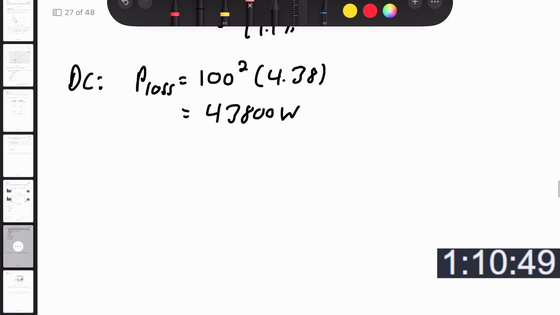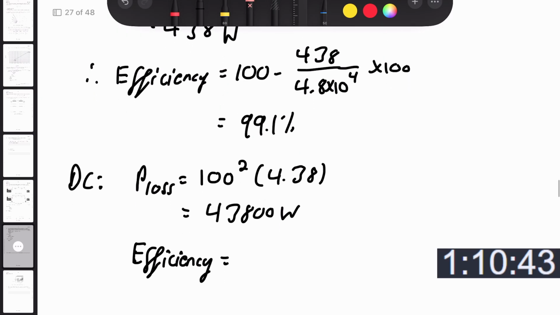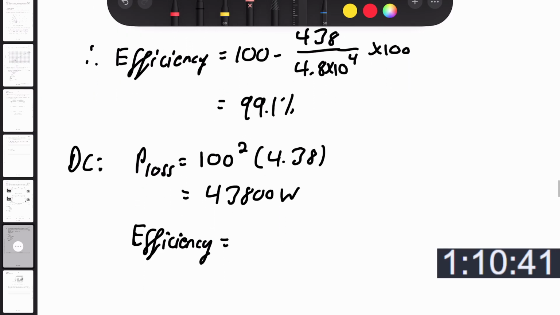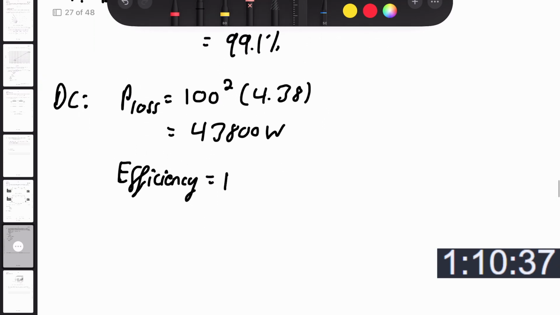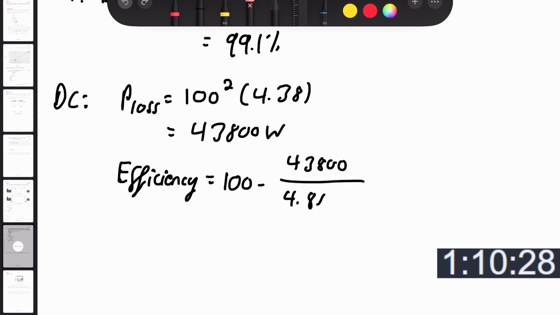And then efficiency is going to be 100 minus 43800 on 4.8 times 10 to the 4 times 100.